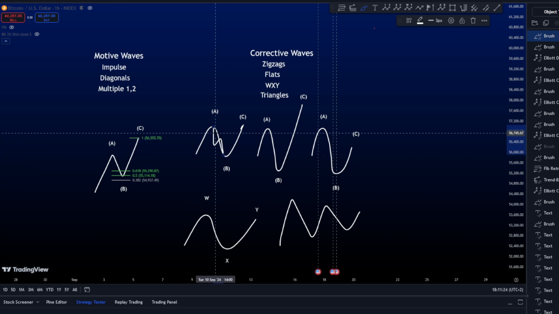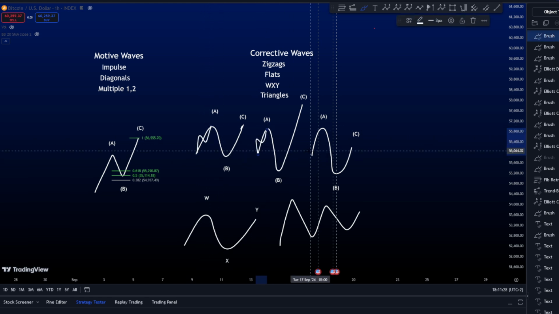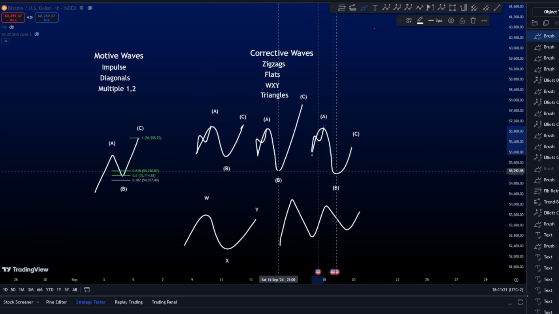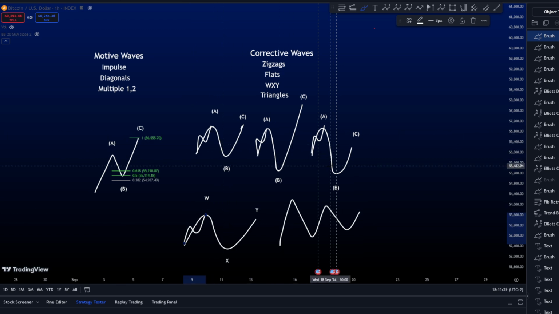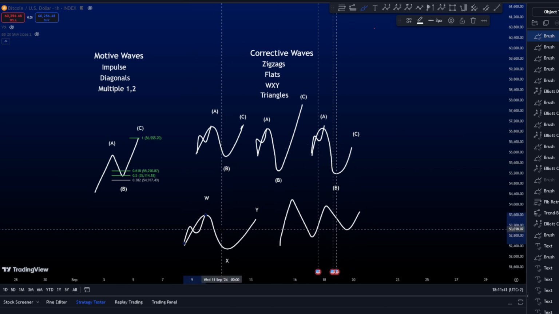Because if you are in a flat starting with 3 waves, all these flats start with 3 waves, even a WXY. So how do we know which flat is going to continue for the next wave B? Can we know?